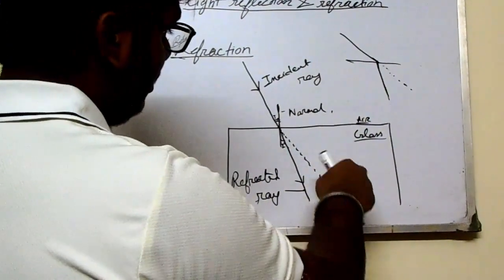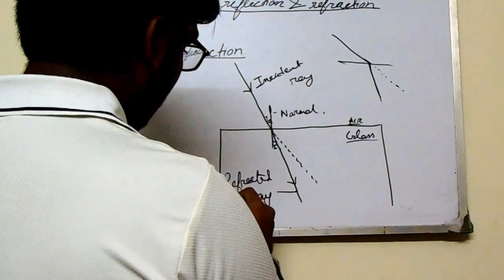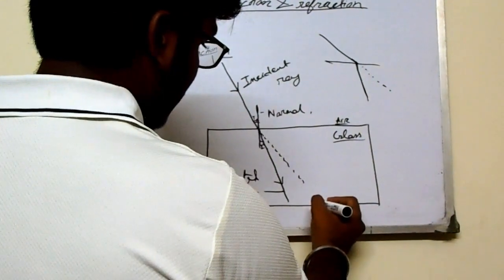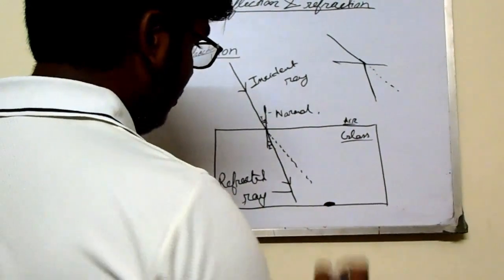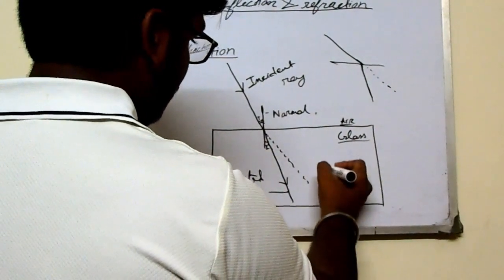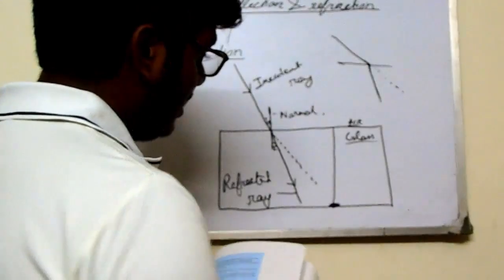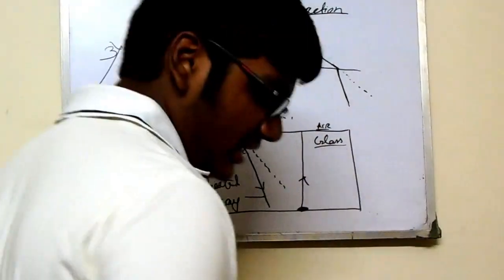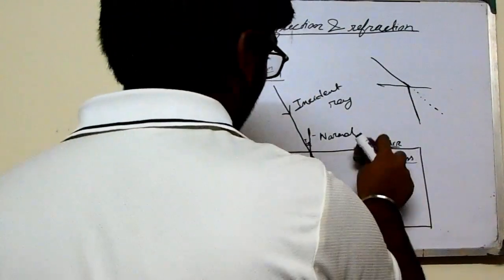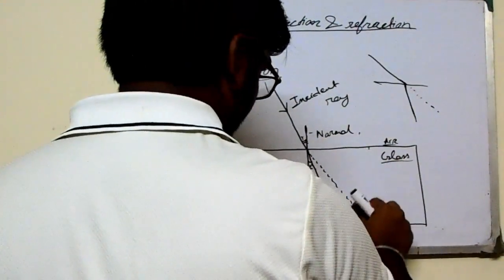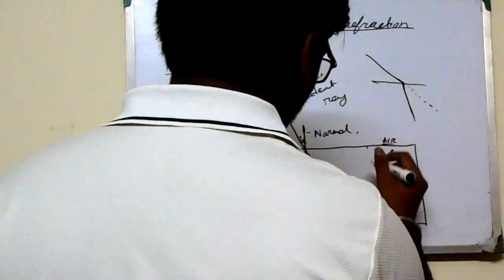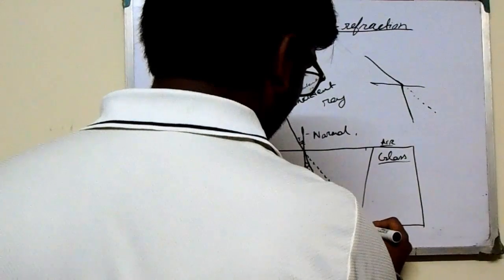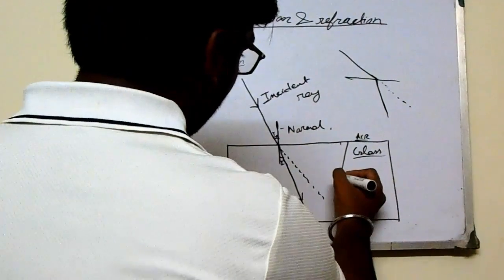Okay, let me show over here. Suppose the ray of light, and a bulb is fixed over here. A ray of light is going in this way. This is the incident ray. Okay, let me bend it a little more, like this way. It is the incident ray.